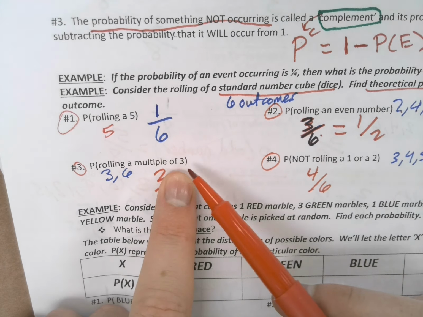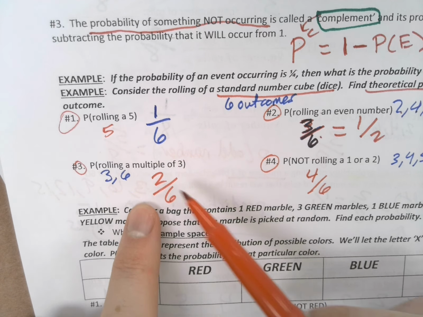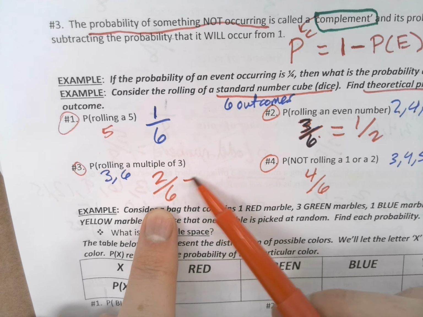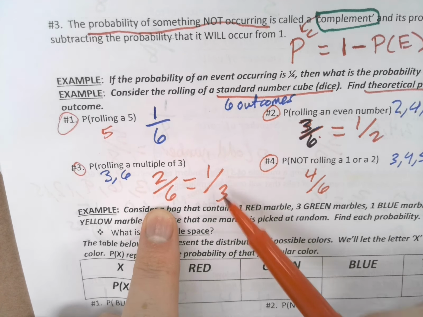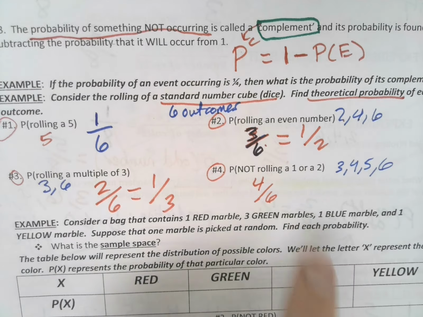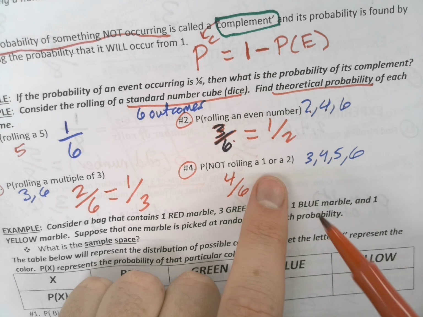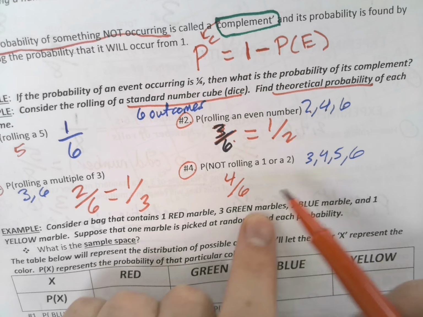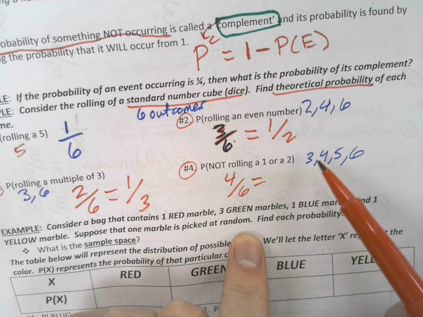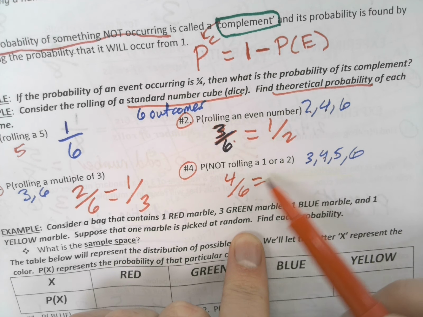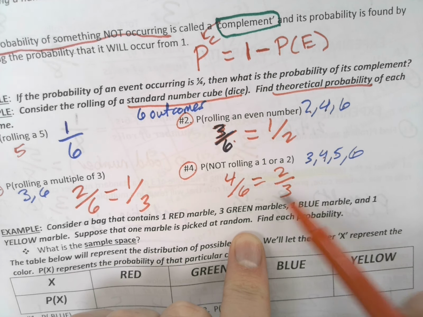Probability of rolling a multiple of 3, that's 3 and 6. Well, that's 2 options out of 6, which reduces down to 1/3. Finally, the probability of not rolling a 1 or 2, aka the probability of rolling the complement of 1 or 2, is going to be 4 out of 6, 3, 4, 5, and 6, which reduces down to 2 out of 3.